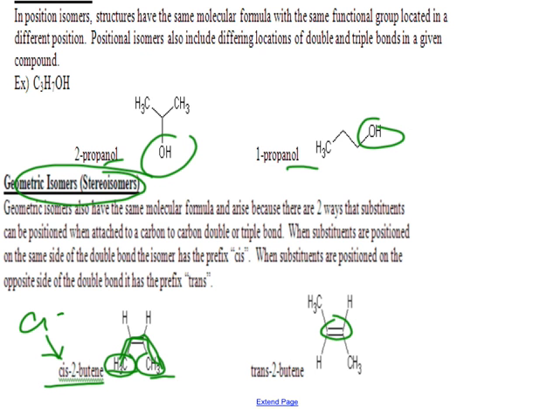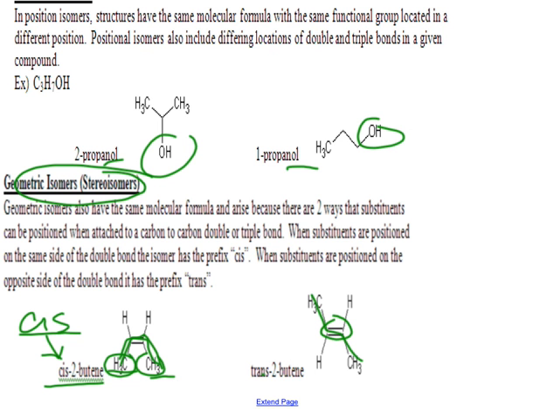If the long chain falls on the same side of the double bond, we call it cis. Draw your long chain on this one. Do you see how the long chain transfers across? We call that trans. So you always just write the word cis or trans on the other side. You can't tell me if something is cis or trans unless you have some direction. Like here they drew it in a way you would know.